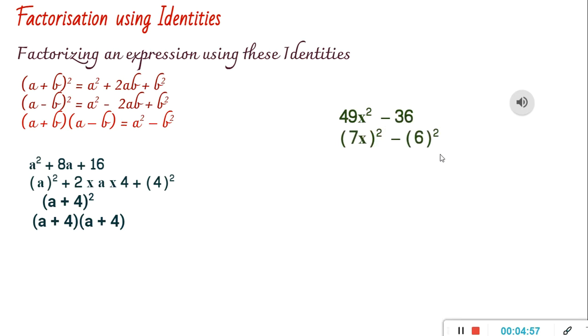And 36 can be written as 6 square. So both of these are perfect squares. So this is in the form of a square minus b square. And a square minus b square is equal to (a plus b) into (a minus b), right? So the factor form is (7x plus 6) into (7x minus 6).